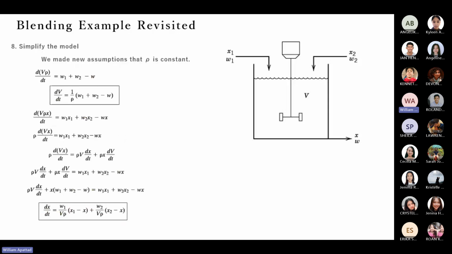Step 8, we simplify the model. So simplify in which we input our new assumptions din, which is our new assumption is density is constant. Okay. So this equation, it came from total mass balance.